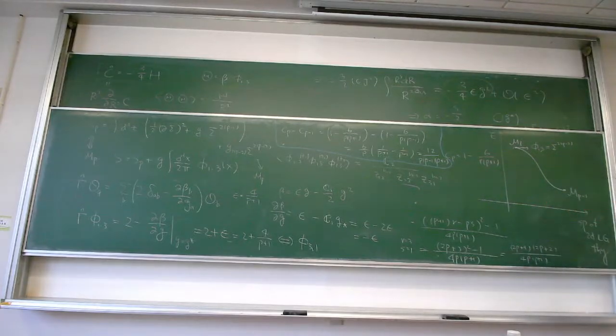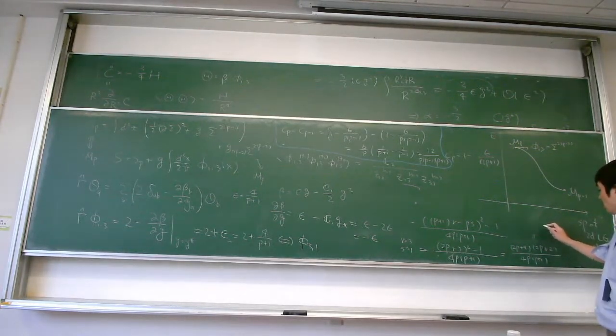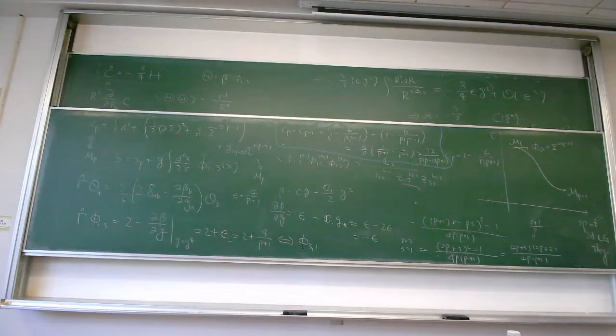Okay. And then this is equal to, of course, p plus 2 over p, okay, do you agree? And this is equal to 1 plus 2 over p, okay, 2 over p.